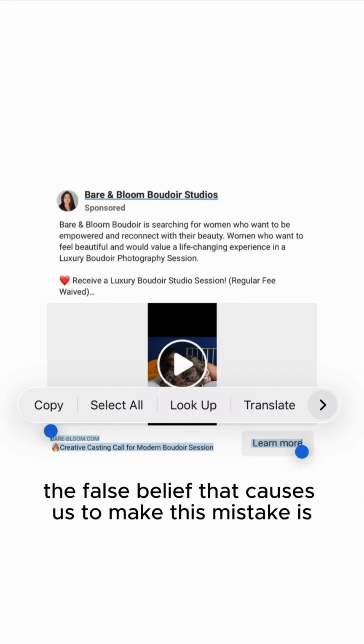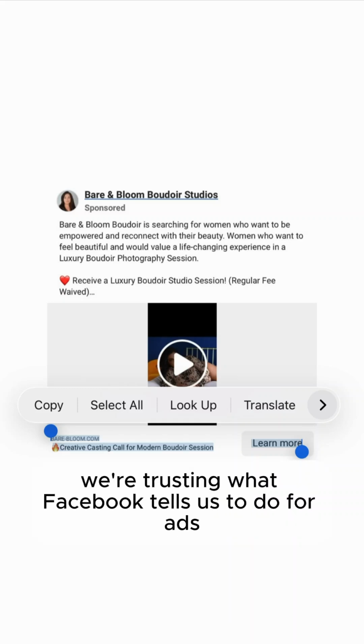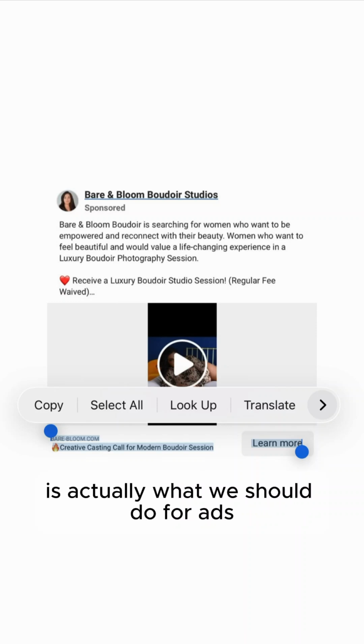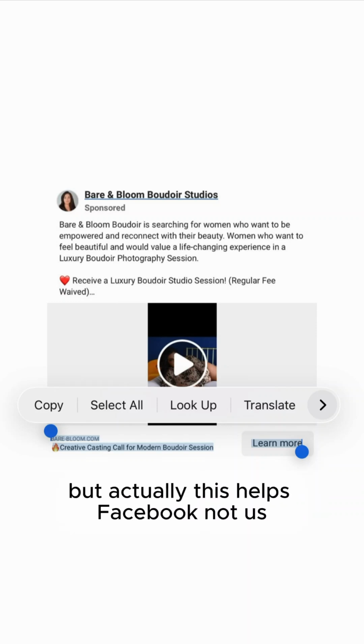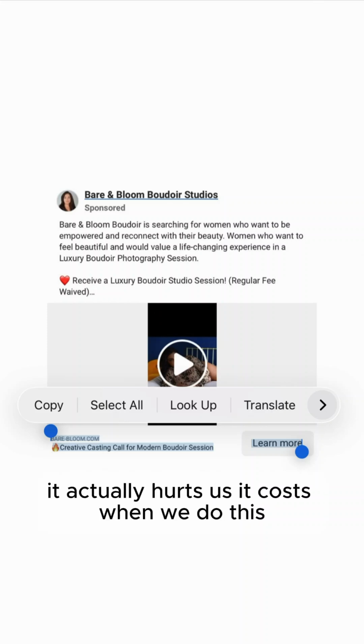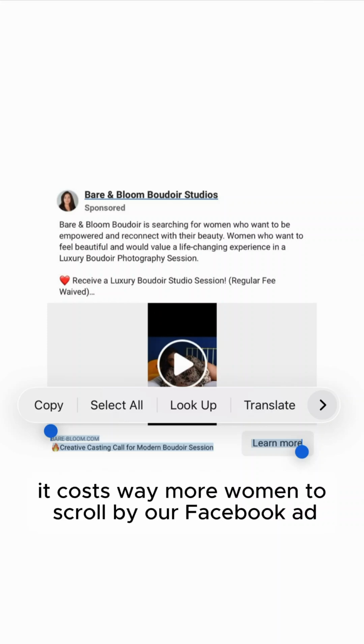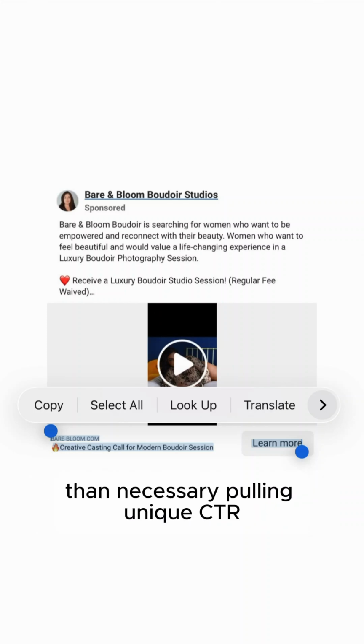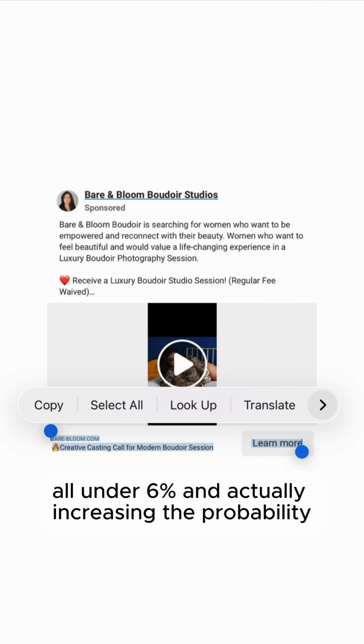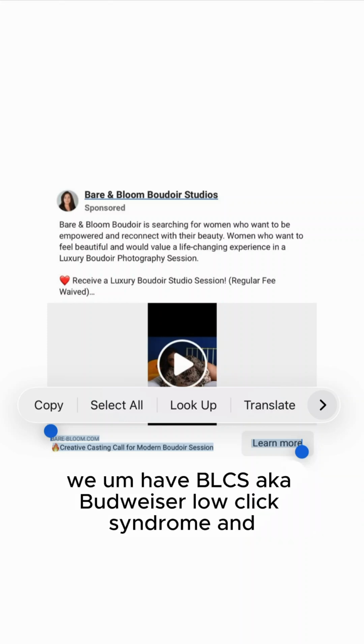The false belief that causes us to make this mistake is we're trusting what Facebook tells us to do for our ad is actually what we should do for our ads, what we should fill out. But actually, this helps Facebook, not us. It actually hurts us. When we do this, it causes way more women to scroll by our Facebook ad than necessary, pulling unique CTRL under 6% and actually increasing the probability we have BLCS, aka Boudoir low click syndrome.